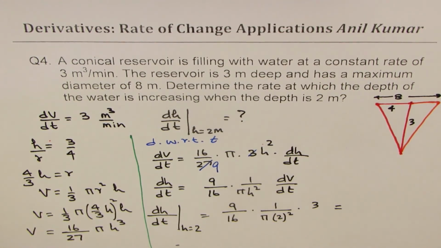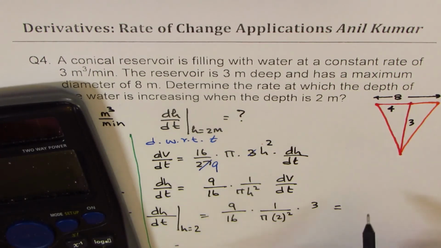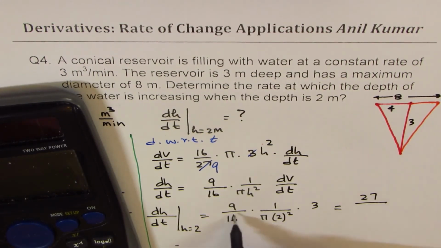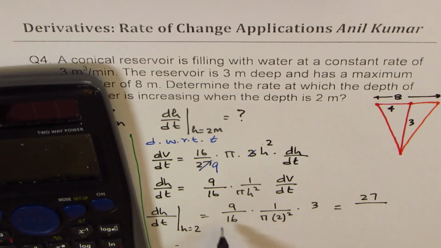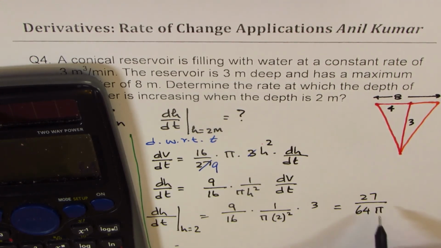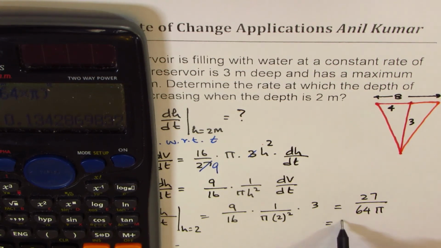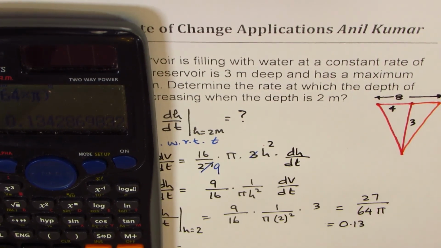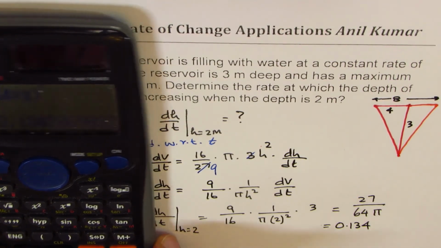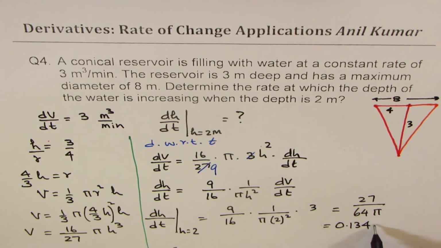That's it. So what we get here is, in the numerator we have 27 and in the denominator we have 4 times 16, right? So 16 times 4, which is 64 pi, right? So let's calculate. We have 27 divided by, within brackets, 64 times pi, bracket close, equals, we get 0.134 meters per minute.